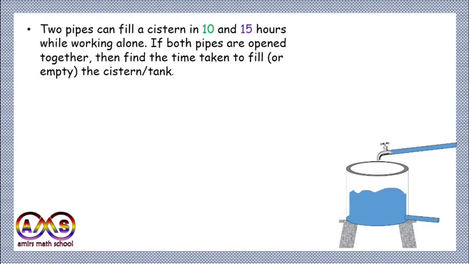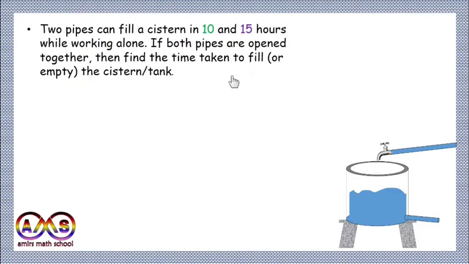Let's see how much time we need to solve any problem using shortcut rules. Here, one problem. Two pipes can fill a cistern in 10 and 15 hours while working alone. If both the pipes are open together, then find the time taken to fill the cistern or tank.